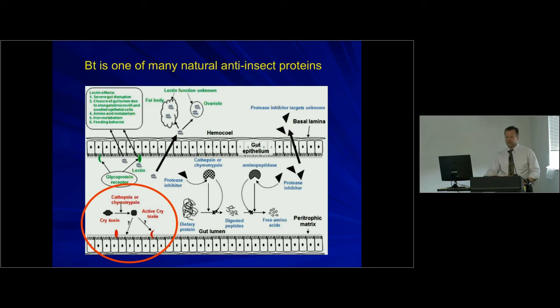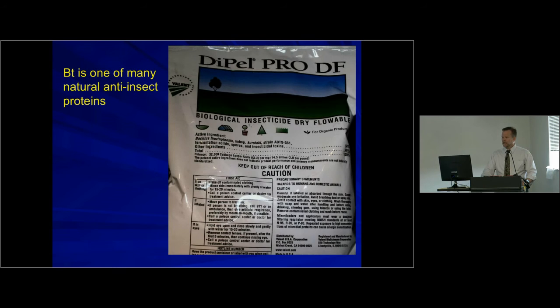This has been known for a long time and has been a huge success in organic cultivation. You can buy this stuff called Dipel, and if you read the label really carefully, it says made with crystals or spores from Bacillus thuringiensis, containing the Bacillus thuringiensis toxin called Bt.